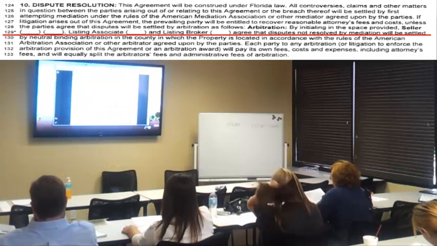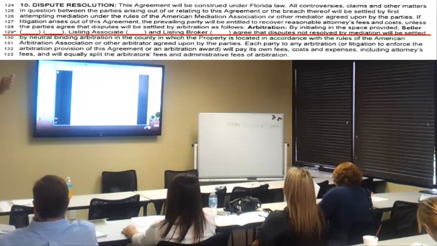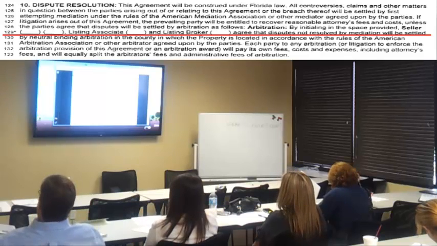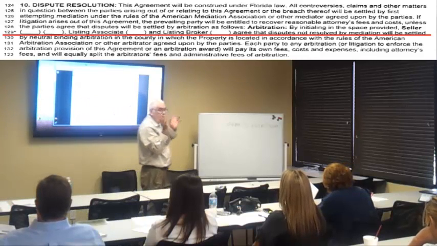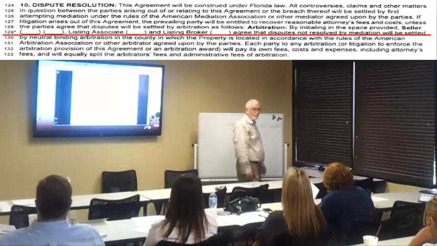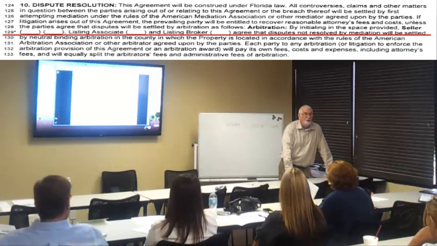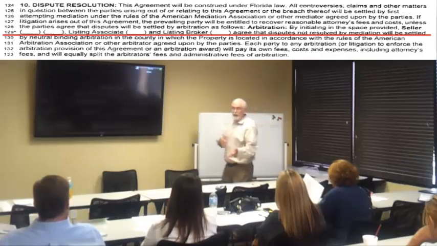We want to hold the litigation over their head if they start playing games with us. They're not going to be as afraid of arbitration as they are litigation, because litigation is going to cost them what? Money. Arbitration isn't going to cost them much money. That doesn't mean that we wouldn't wind up arbitrating to resolve it. We just don't want to eliminate the ability to litigate prior to the arbitration.